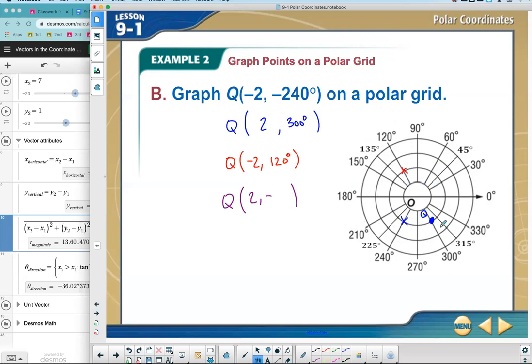It's a little bit harder without radians because you can't just look at the denominators, but I can see that I've used 300 and 120 there on the same pole. I have used 240. I have not used the 60. So it'll be (2, -60). This one appears to be a vertical reflection. When it's only a negative on the angle, it appears to be a vertical reflection.